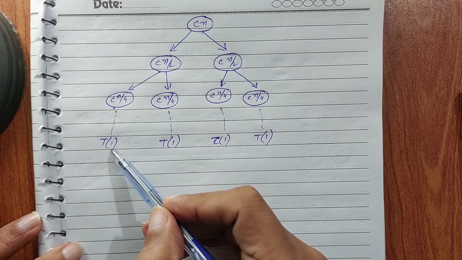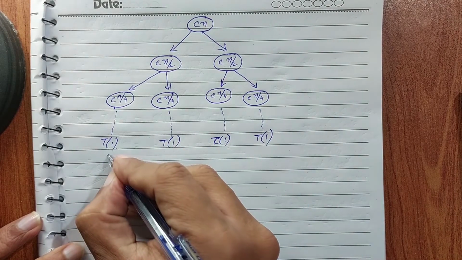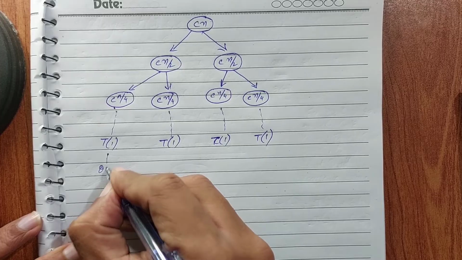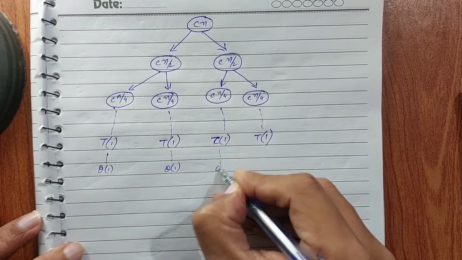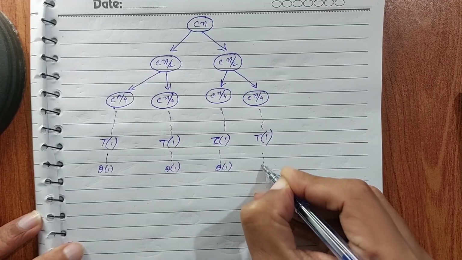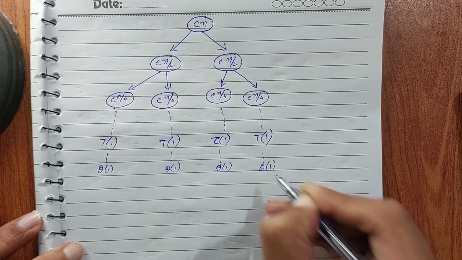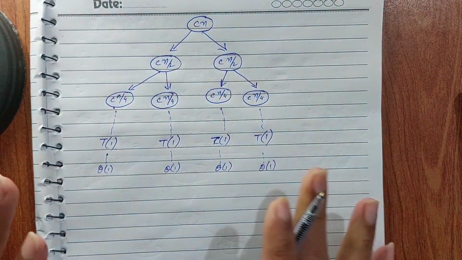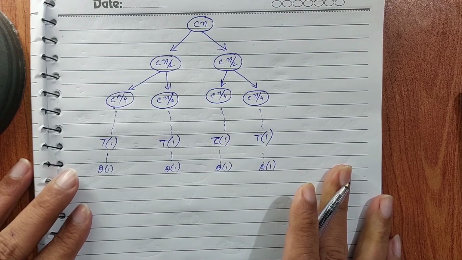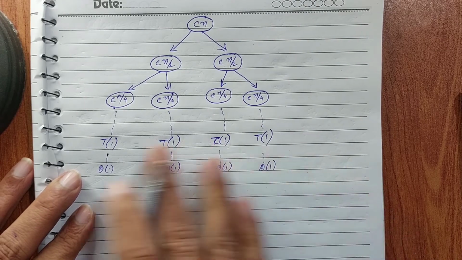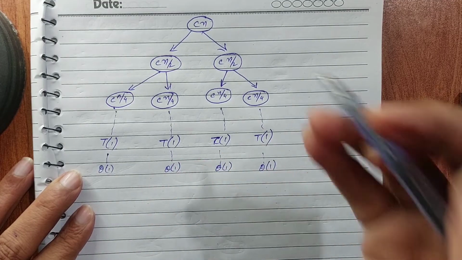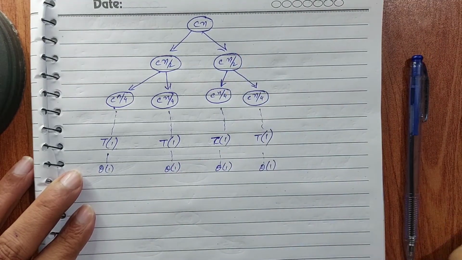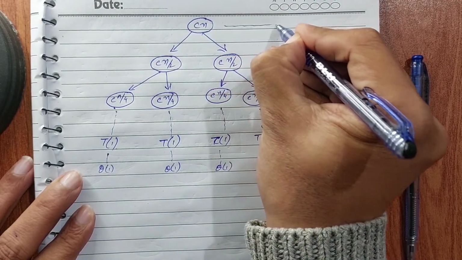Finally you will get theta of 1, theta of 1, theta of 1, and so on. So this is a binary tree, and obviously a height balanced binary tree. So let's calculate the time complexity at each level.